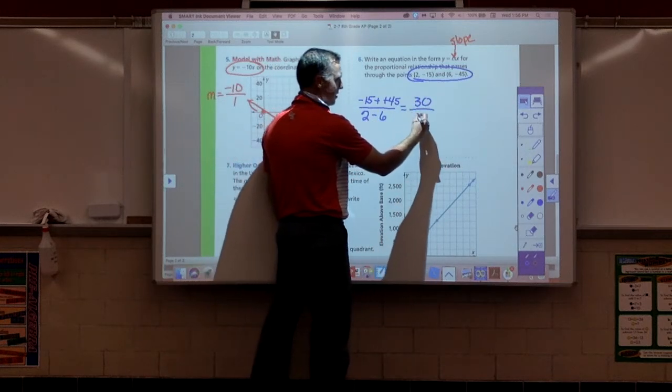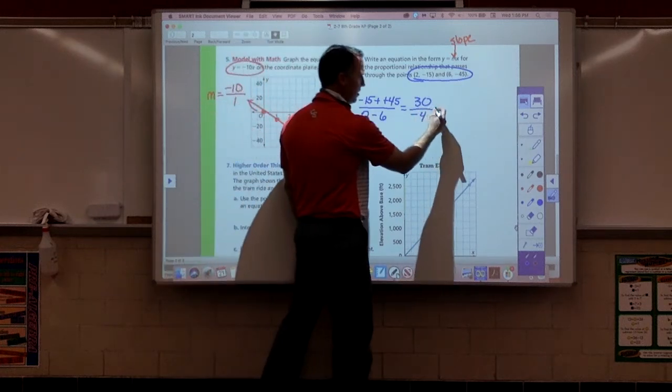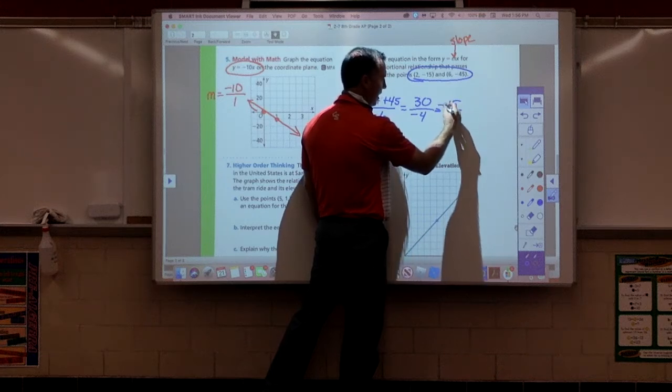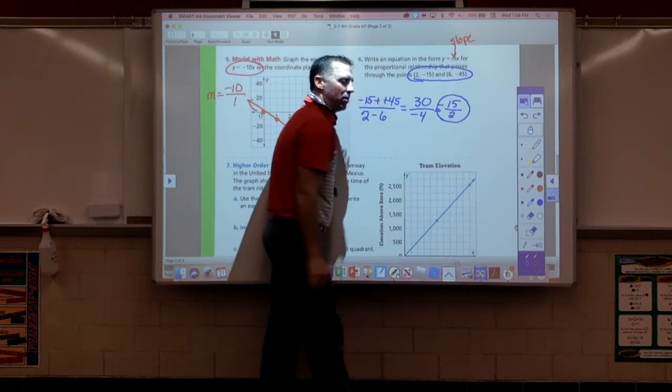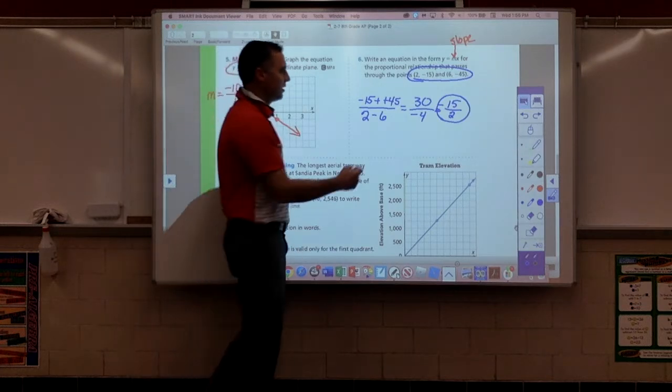The bottom, 2 minus 6, is negative 4. Now, we can divide this out, or we can simplify it. I'll just say negative 15 over 2. You want to leave it that way? Yeah, I'm good with that. Okay, let's write our equation.